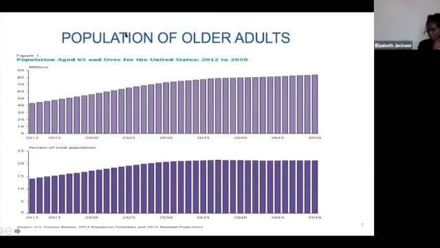And if you look at the bottom graph, you can see that a little over 15% will be 65 and over by 2050. So you can see that there will be huge population growth in the coming years. What that means for polypharmacy is we can expect that this is going to be an ongoing issue that we have to deal with, and it's going to be increasing. Going on to the next slide, please.